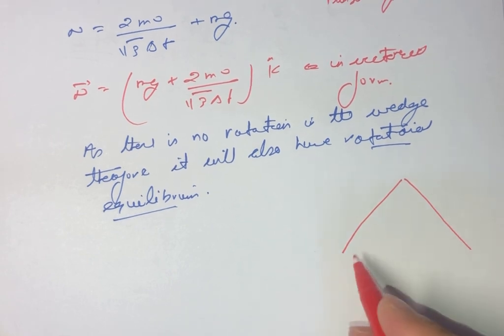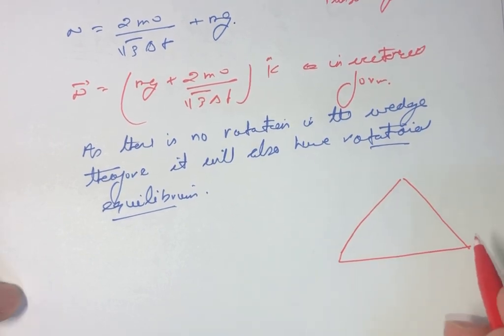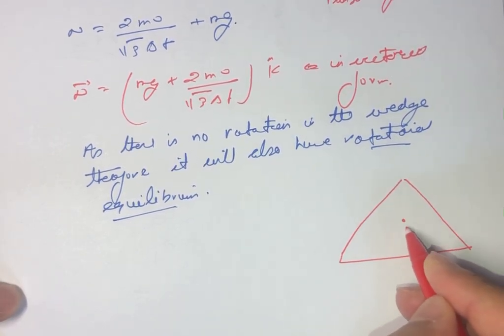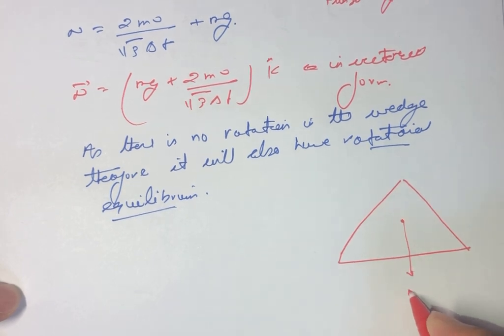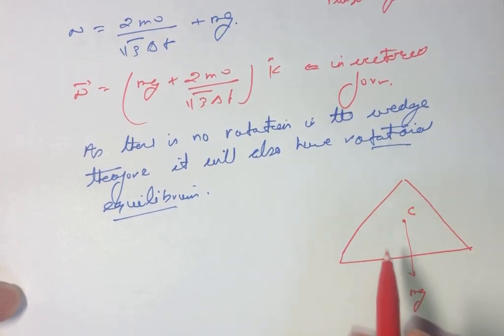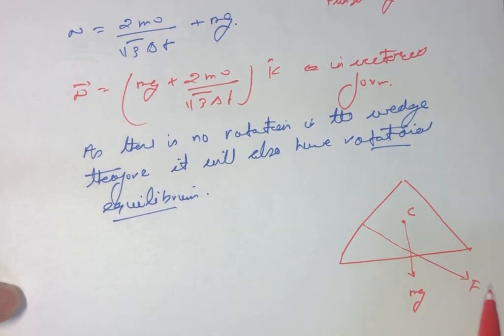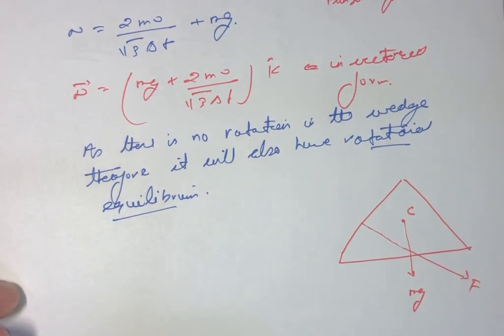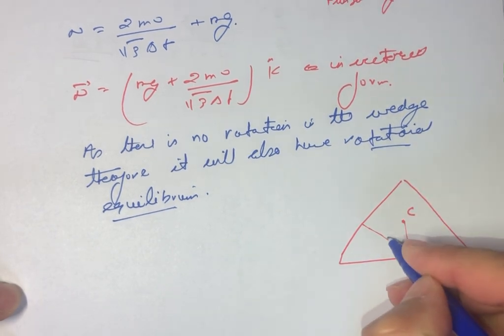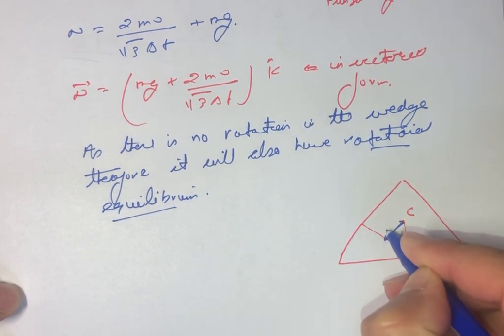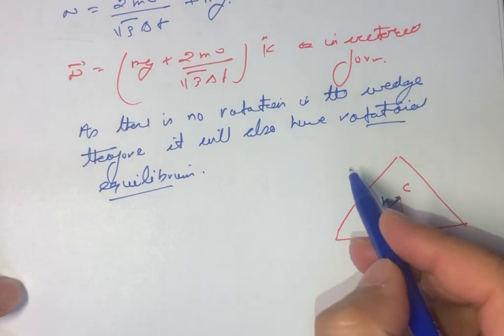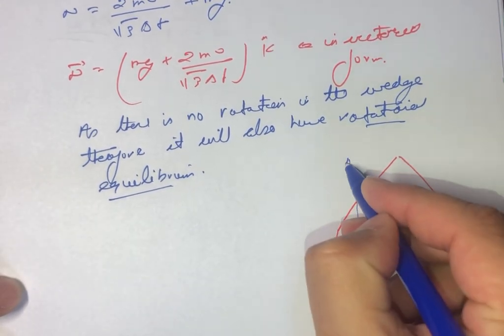So this is our wedge, this is our center of mass, let us suppose C, and we have a line of action of force in this direction, and the distance between the two is given as h, and this is our normal force.